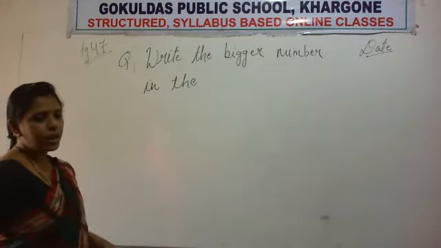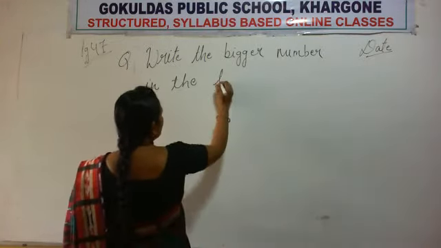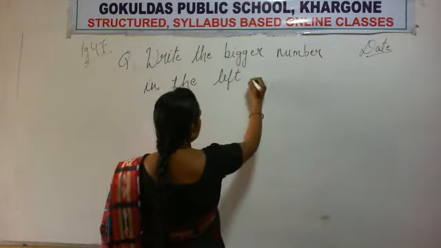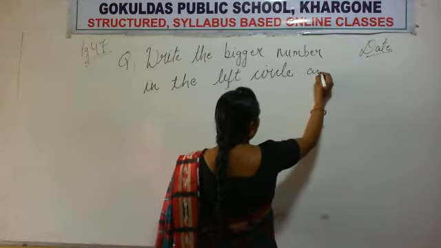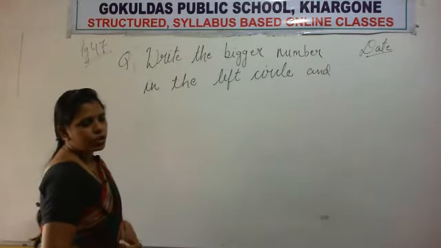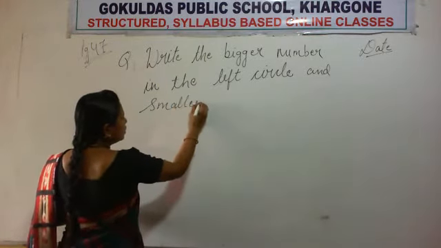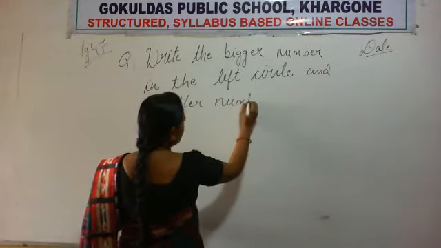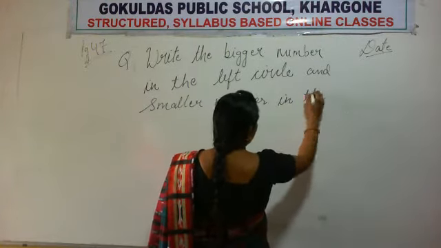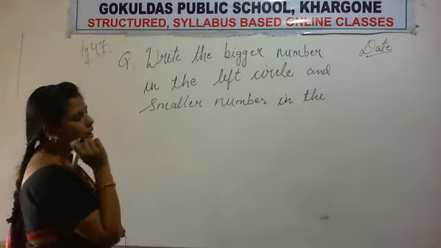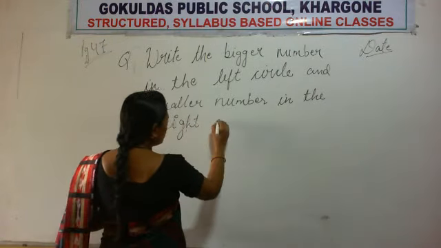Write the bigger number in the left circle, L-E-F-T, left circle, and smaller number in the right circle. Okay, so this is the question.